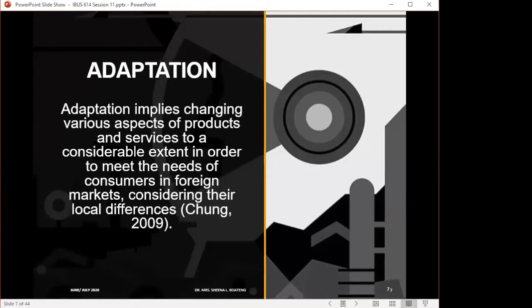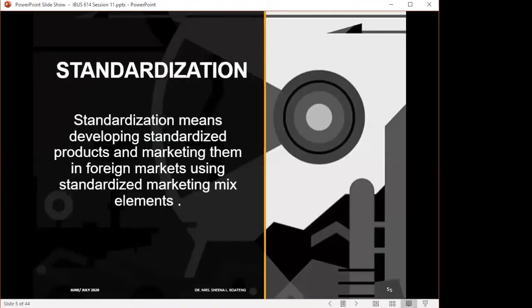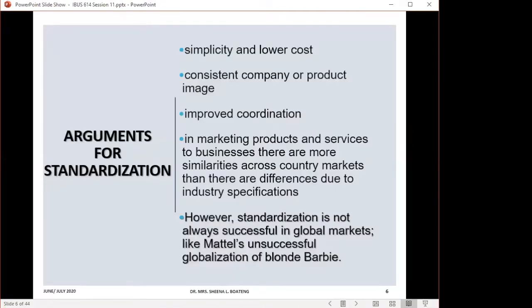Hello, Doc. From the previous slides on what standardization is, it says that it's standardized products in foreign markets using standardized marketing mix elements. Must they necessarily satisfy these two criteria before you would say a company has standardized?